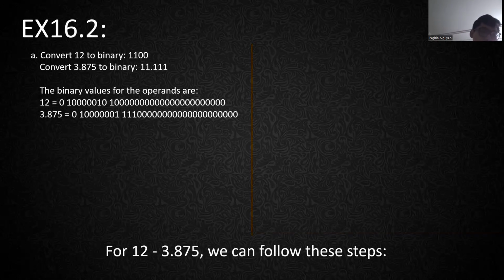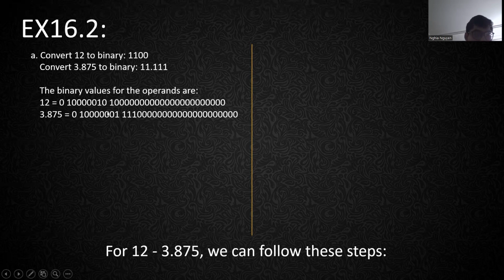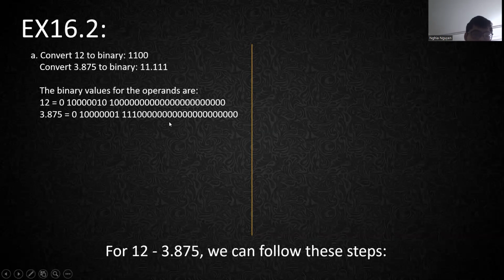In A, convert 12 to binary, which is 1100. Convert 3.875 to binary, which is 11.111. The binary values of the operands are this, and simplified it is this number.